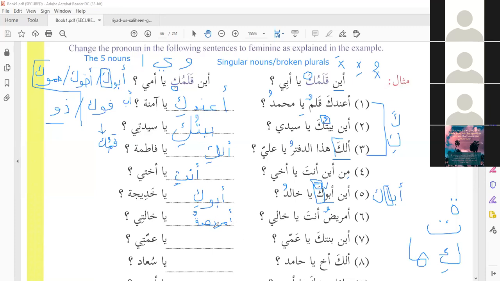Great job. This is an interesting one because it now has two things that need to be changed to reflect the gender. Previously, the only one that stuck out was the one that Dr. Zia did over here, min aina anta. Everything else was dealing specifically with possessive pronouns. Here we have a subject pronoun, anta, so we had to go anta, anti. Now we have two things to account for. We're asking, are you sick?